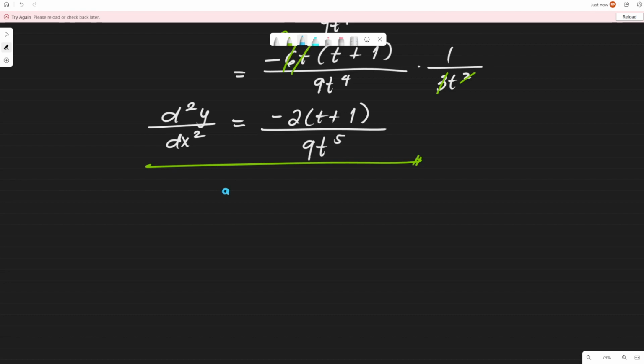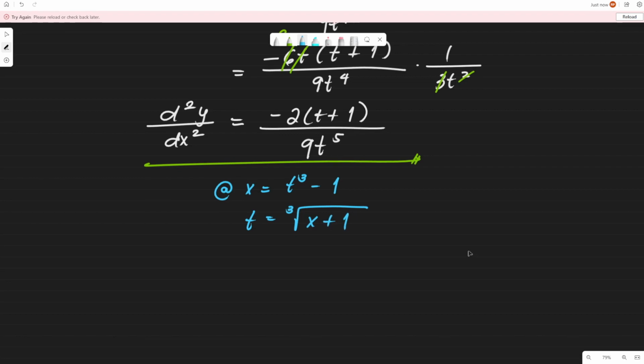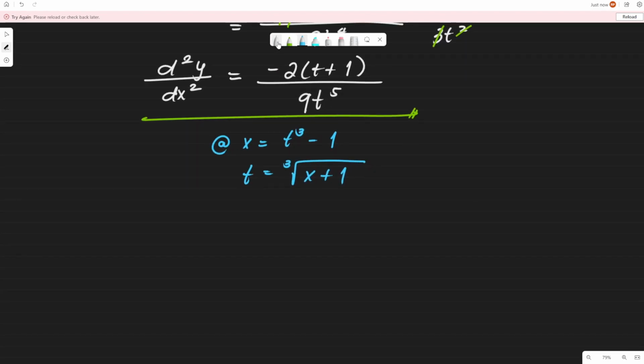So, at x is equal to t cube minus 1. So, t is equal to the cube root of x plus 1. So, medyo magiging complicated lang yung ano natin.